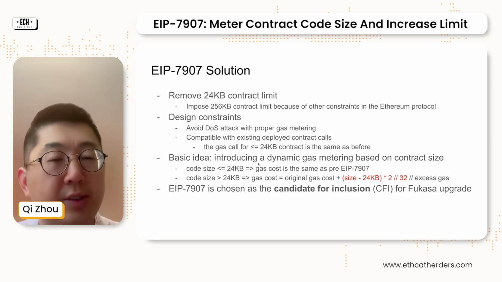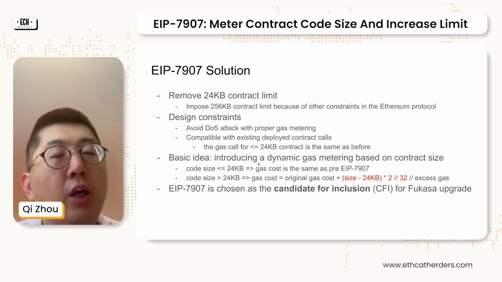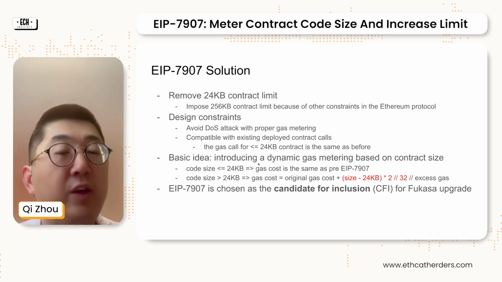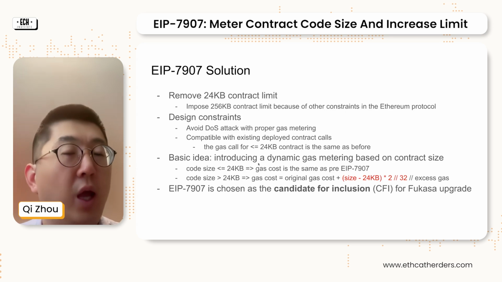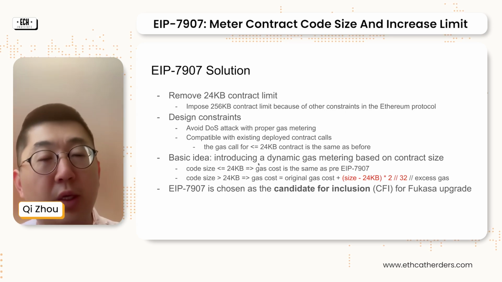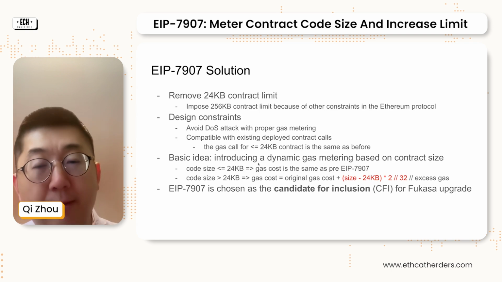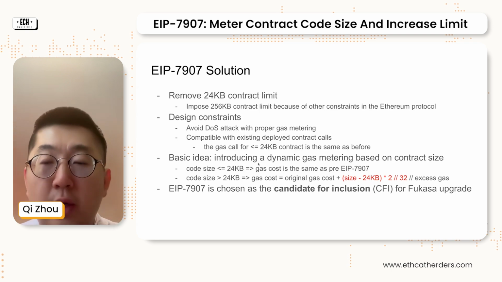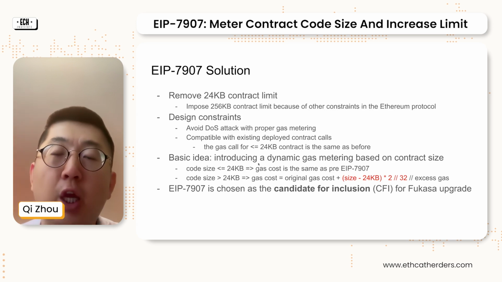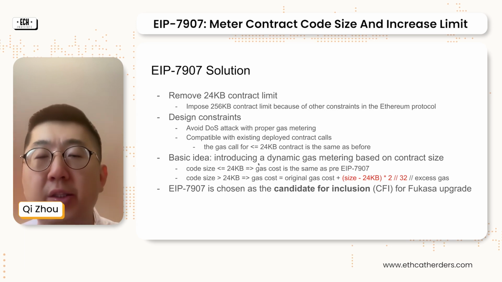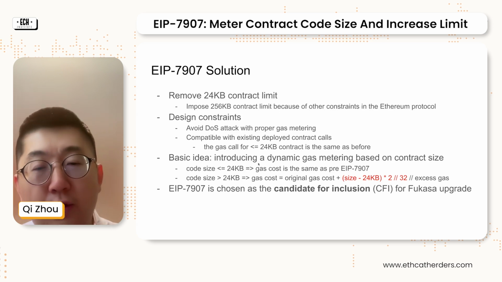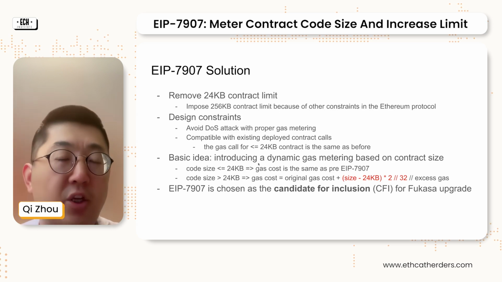However, if the code size is greater than 24 kilobytes, and there is a key question of how we can detect that, which I will explain later, then we use what we call excess gas. That is additional gas that is charged linearly in terms of size, so that we can use this gas to cover the cost of reading and processing these large contracts.